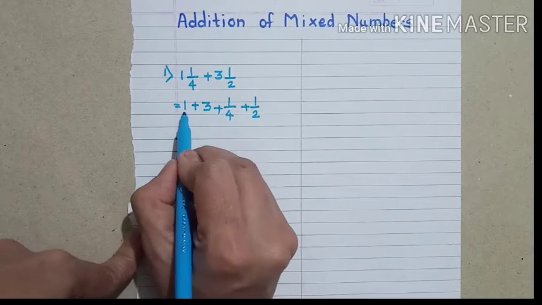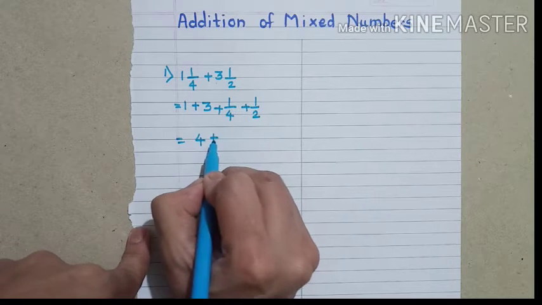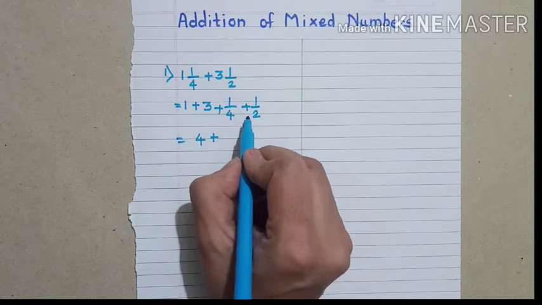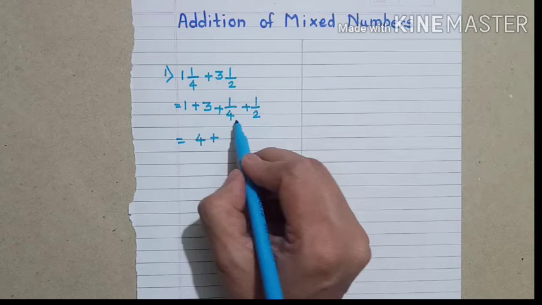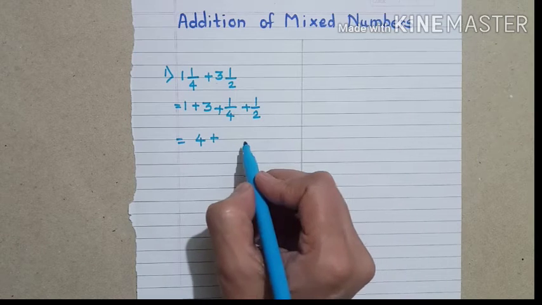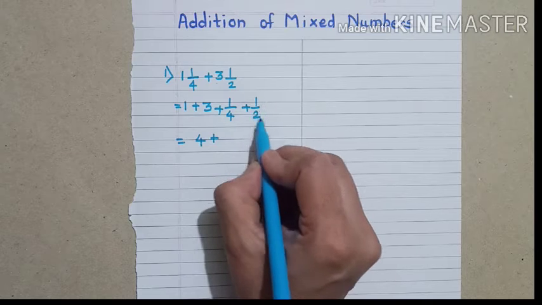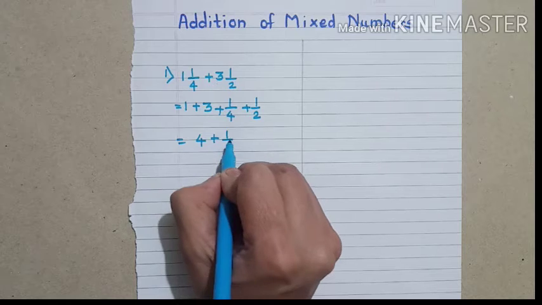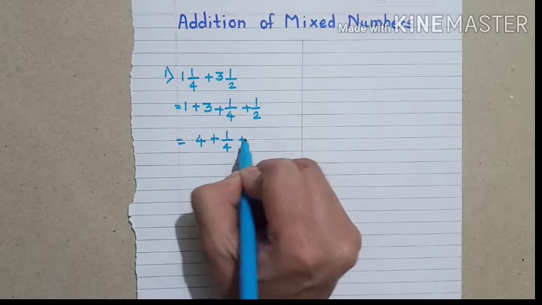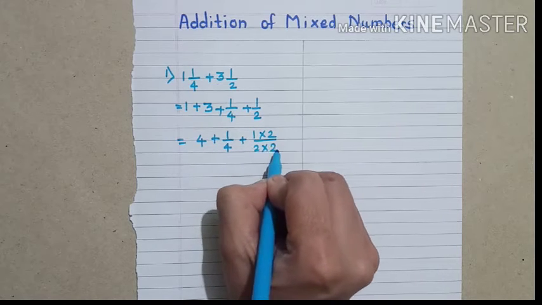Here the addition of these two natural numbers is 4. So write 4 here. Plus now here 1 upon 4 plus 1 upon 2 are the unlike fractions. So first we are going to make them like fractions. So what we have to do? So first multiply this fraction by 2 so that they become like fractions. So 1 upon 4 plus 1 into 2 and 2 into 2.